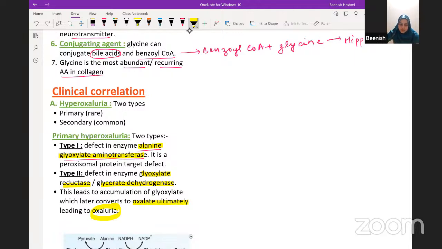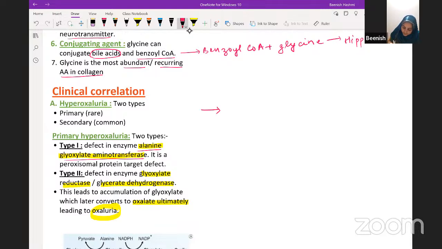Okay, so it is generally detoxified in the peroxisomes of hepatocytes by your alanine glyoxylate aminotransferase. Now what is happening? If this alanine glyoxylate aminotransferase is defective, it will not be detoxified and your glyoxylate will accumulate. And this accumulation of glyoxylate will form what? Oxalate, leading to oxaluria. Okay.